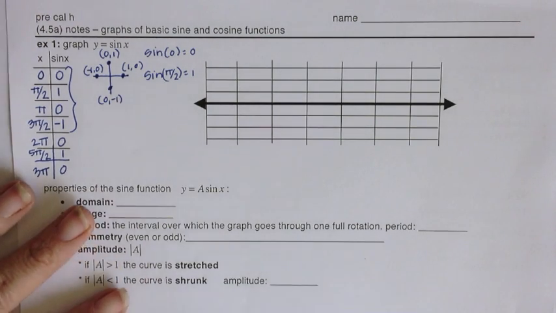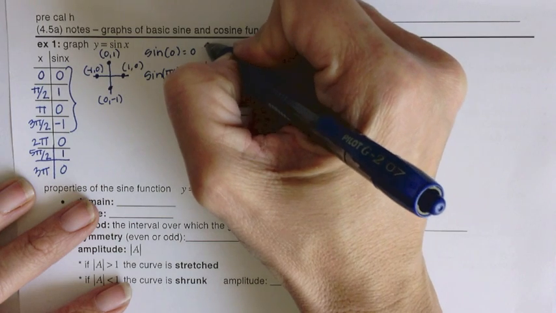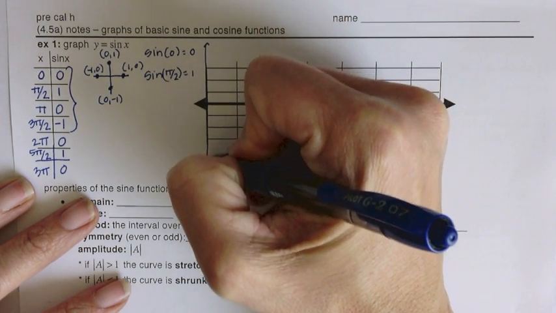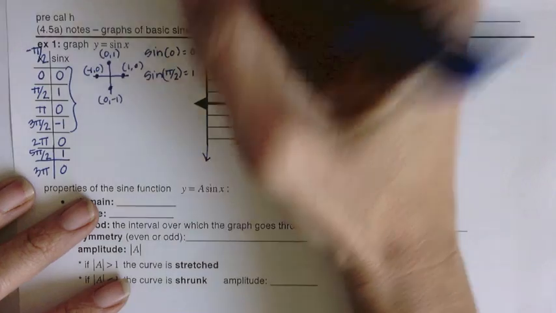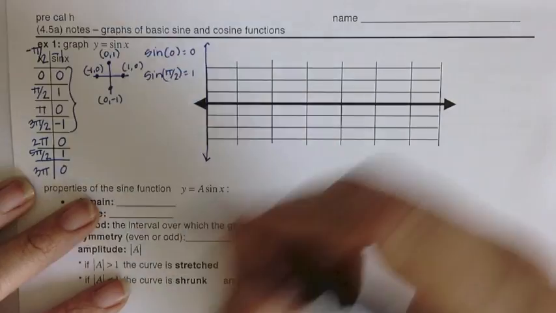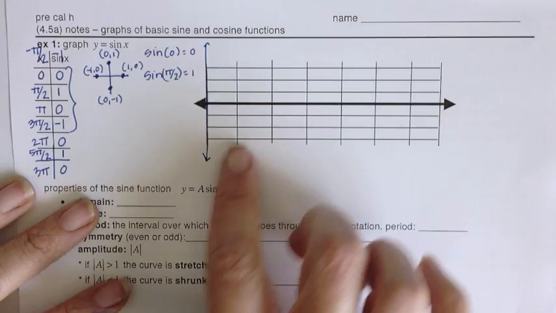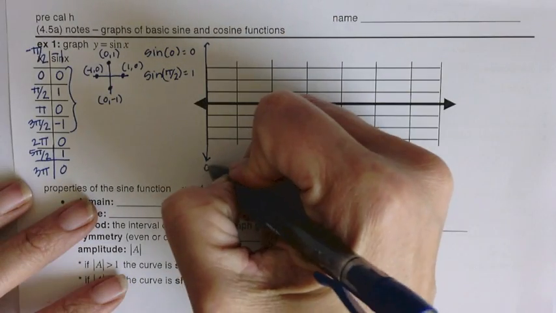So when I want to graph that, these graphs do go negative. For example, if I did negative pi over 2 on my diagram, that would be here, and that would be a -1, and I'll show you how to do that in a second. But in the x-axis, because we chose angles, we're going to label these angles.